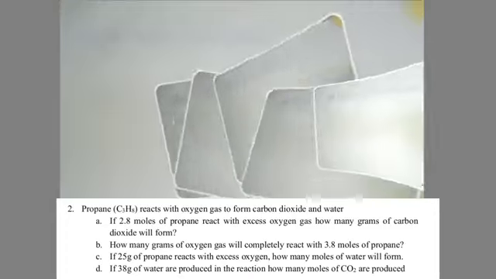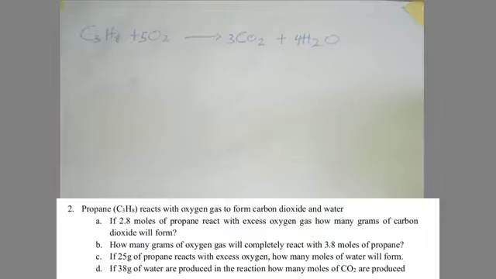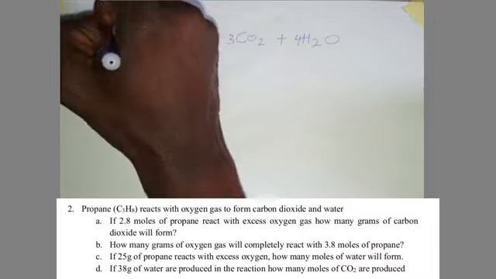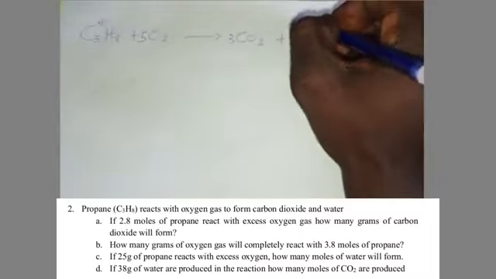For the C part of the problem, we have that if 25 grams of propane reacts with excess oxygen, how many moles of water will form? This question connects propane and water. So we have propane and we have water on this side.